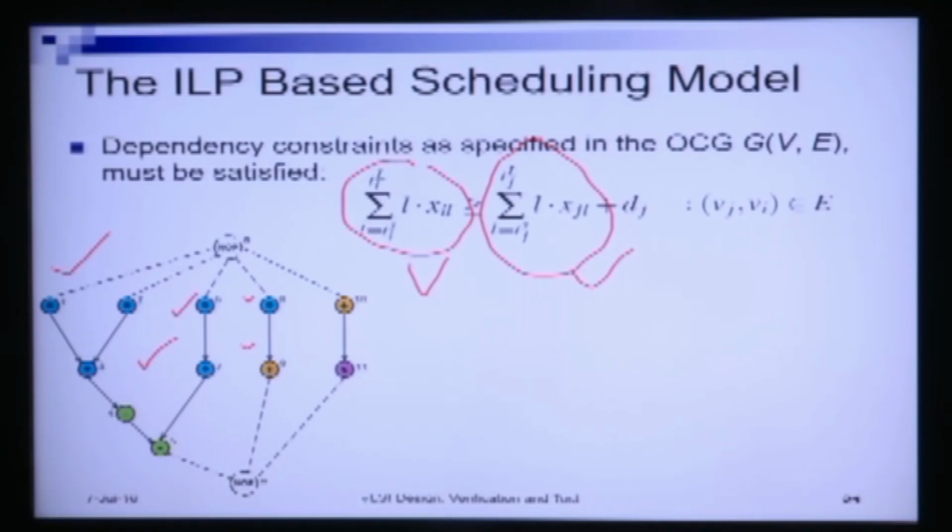So, therefore, the propagation delay of operation J plus the start time of operation J should be the earliest start time of operation I. This is what it says.